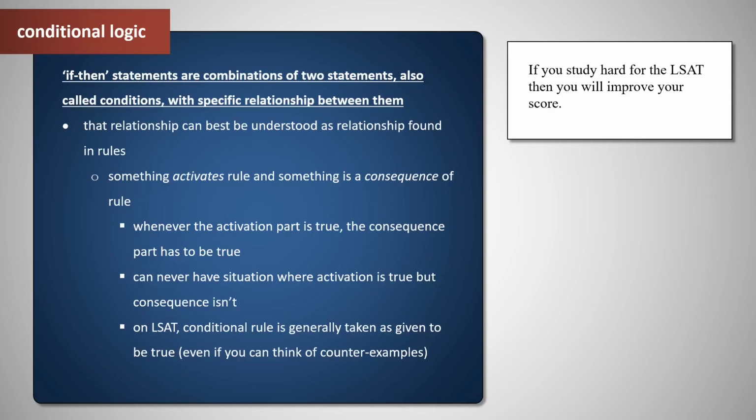So whenever you see a rule, just accept it as a true rule. This is given. Whenever the activation part is true, I know that the consequence is going to be true. In this case, if I know that somebody's studying hard for the test, I know they will improve their score. Okay, but like I said, in future lessons, we'll go into that in a lot more detail.